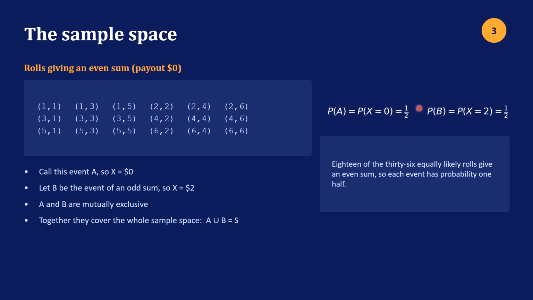That's why the probability that X, our random variable, equals 0 is 1/2, and the probability of getting an odd sum with the 2 die is also 1/2, since there's 18 of the 36 possibilities being either even or odd. Okay, so the random variable is X. It has 2 possible values, 0 or 2, and the probabilities associated with those 2 events are, in this case, 1/2 and 1/2.